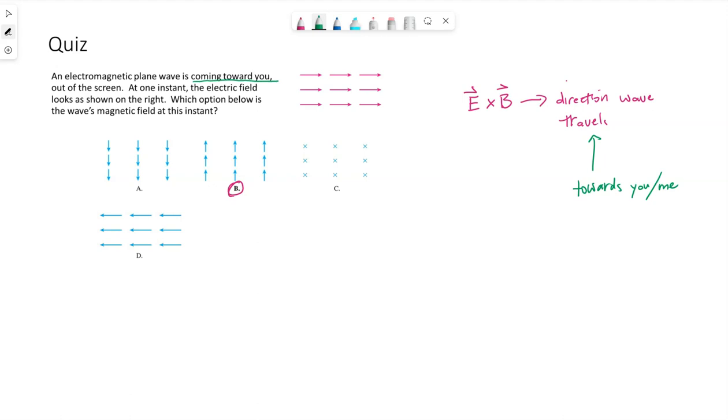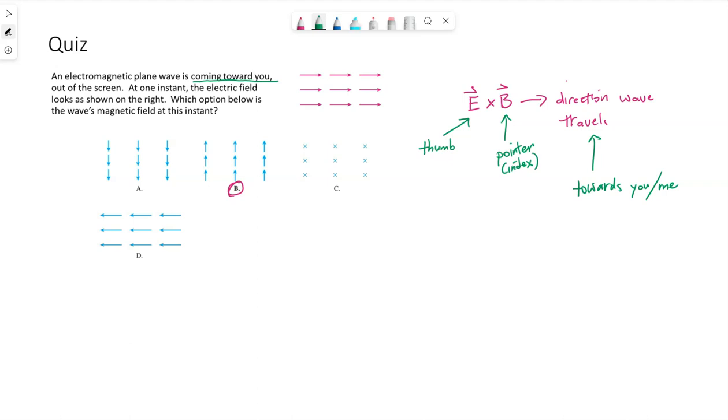So with the right-hand rule for cross products, the way our author has done it is to put the thumb of our right hand in the direction of whatever is first in the cross product. And so that would be the electric field. Our pointer finger or index finger needs to point in the direction of the second vector, B, which we're not sure of yet.